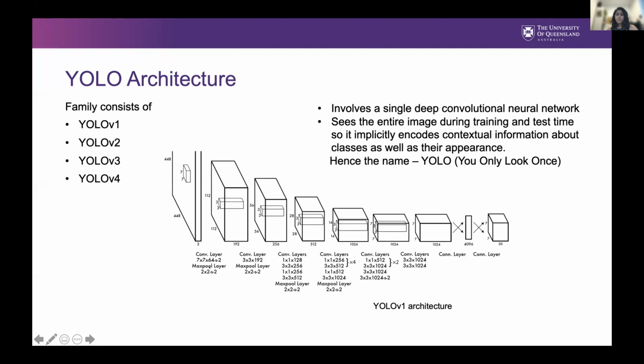It would have all these convolutional layers, and at the end a fully connected layer where you calculate all of the positions and the class probabilities of objects in your input image and perform regression at the end to predict what your objects are, right? Because it sees the entire image during training and testing time and implicitly encodes all of this contextual information about the classes, this particular architecture is named YOLO. You only look once, right? There's no region proposal involved in this particular architecture.